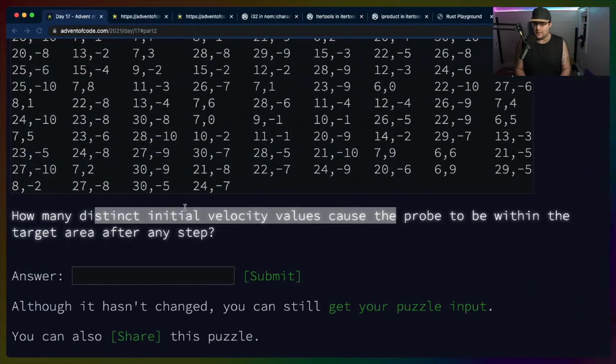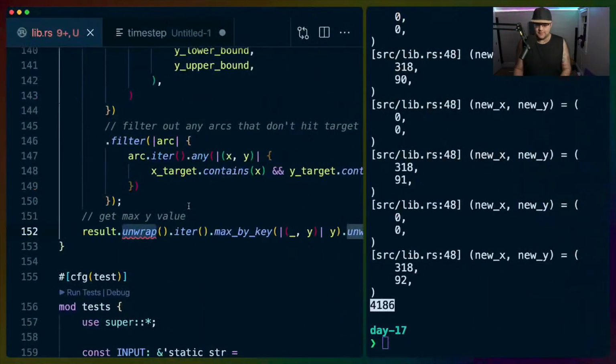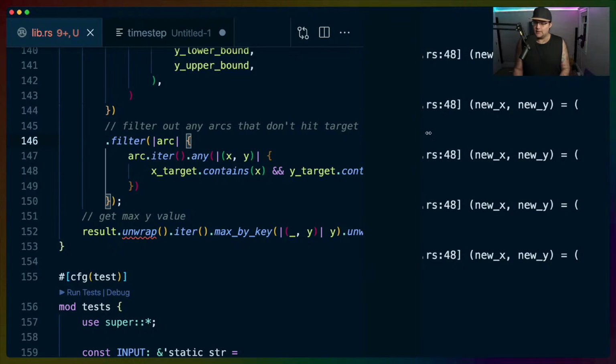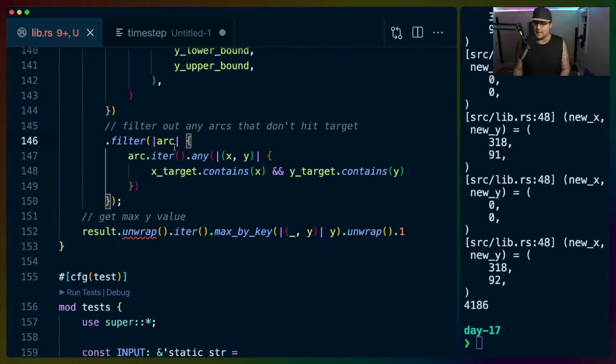So we're looking for all of the initial velocity values. So this will filter all of them that don't hit the target, but that's not really what we want, I guess, right? We want to flat map this.